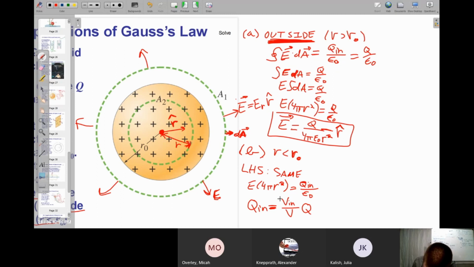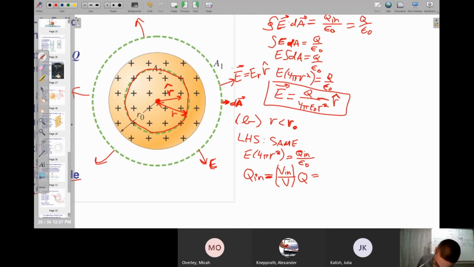Since the charge Q is uniformly distributed throughout the volume, if we want the fraction of the charge that's enclosed by our surface in question, we can just take the fraction of the volume enclosed by that surface times the total charge Q. The volume of a sphere is 4/3 pi r squared.